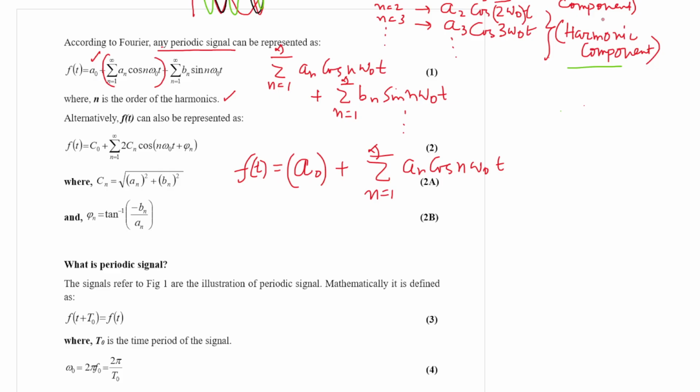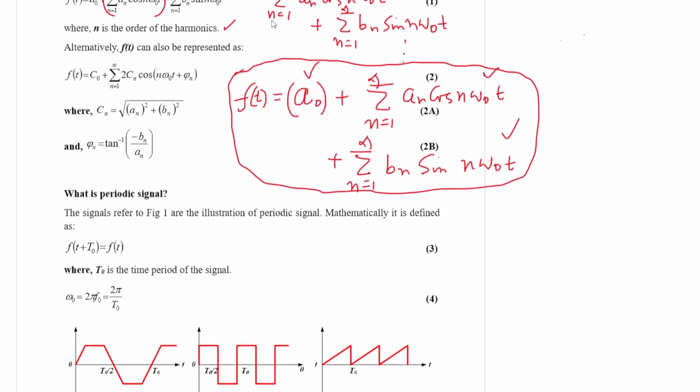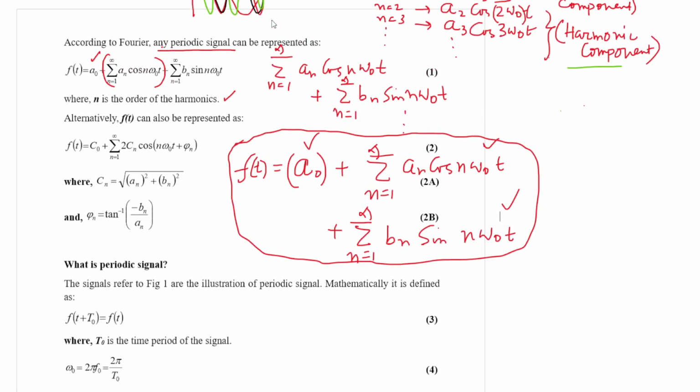Within this we have the fundamental as well as harmonic terms, and the same applies for sine: bn sin n omega naught t. This is the definition of Fourier series. According to the mathematician Fourier, any periodic function can be split into these 3 components. Now you should know the values of all these a0, an and bn.